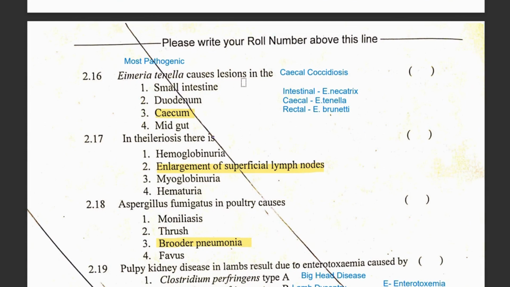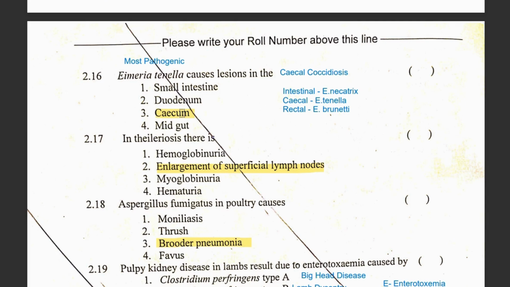Eimeria tenella causes lesions in the cecum. Now there are three species of Eimeria which are pathogenic. In total, there are 11 or 13 species of Eimeria, but only 3 are important because only 3 of them are mostly pathogenic. The most pathogenic is the one causing cecal coccidiosis, that is Eimeria tenella.